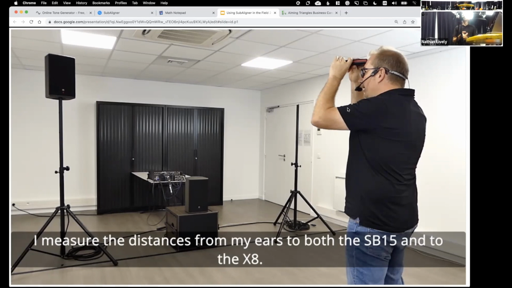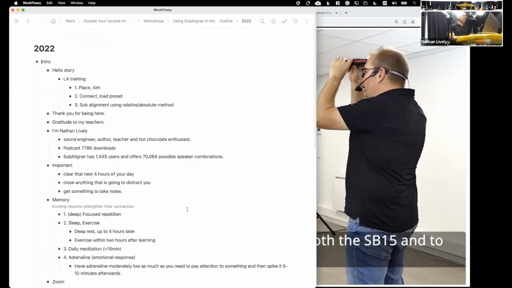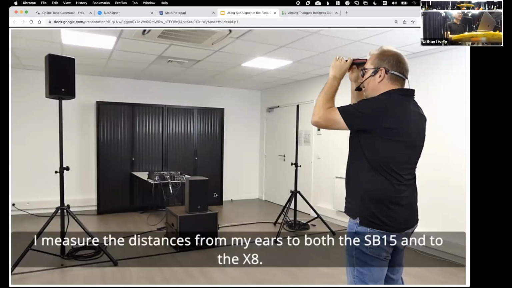And then because you're using L-acoustics, you need to load the correct preset. So I think these are X8 speakers. So you would load the X8 preset and then whatever the subwoofer is. And then the only other thing you need to do is the SubAligner. And the way that they recommend that is with distance measurements.